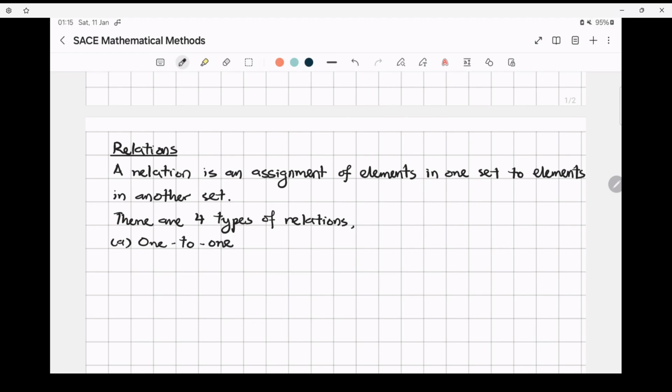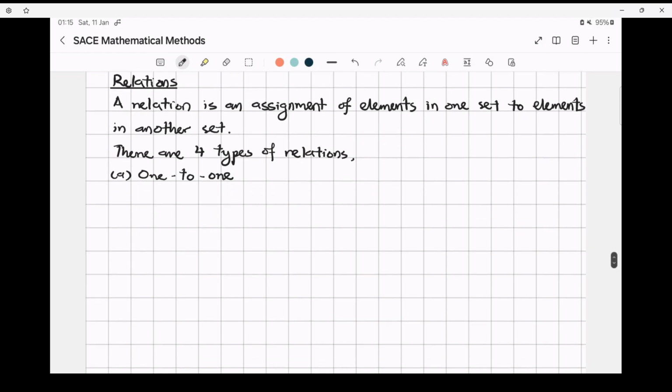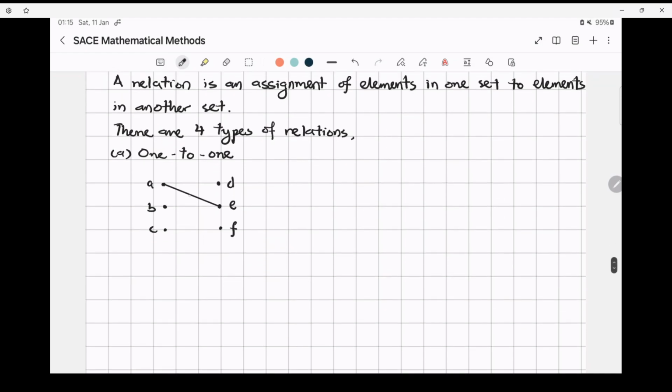One-to-one basically means, let's say you have this, from one set to another set, you basically map, let's say something like this.